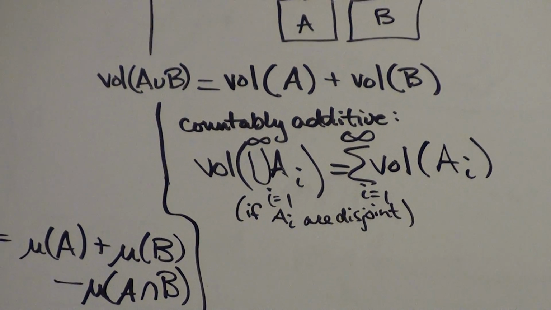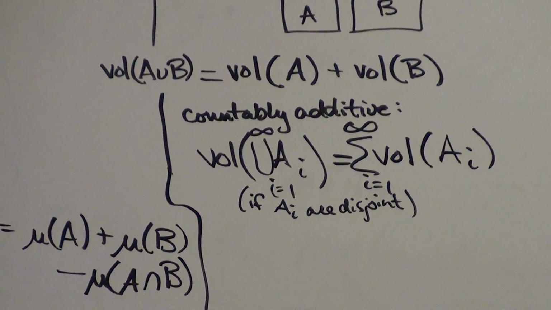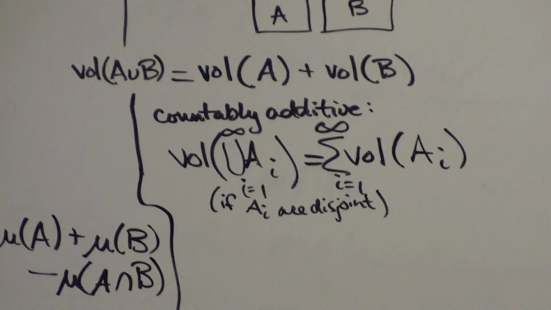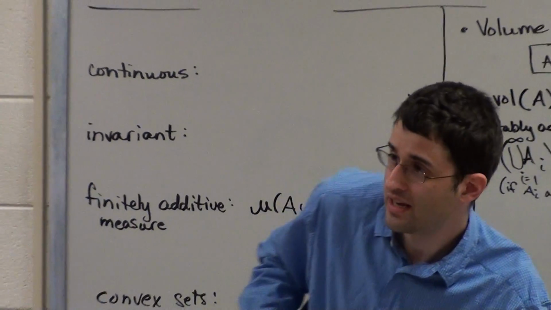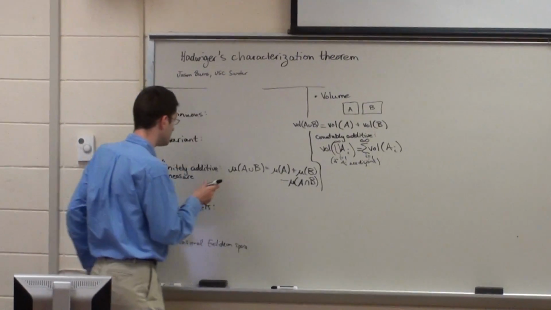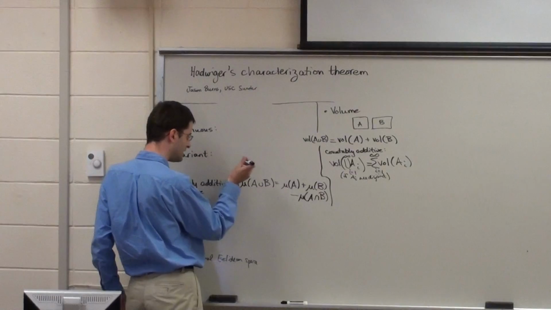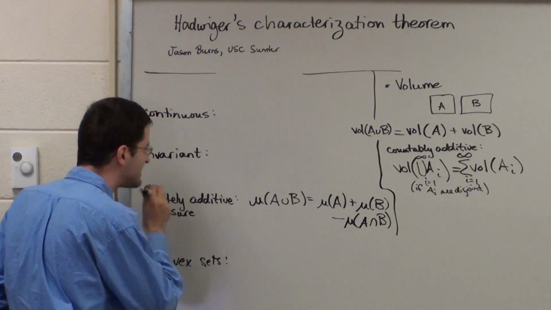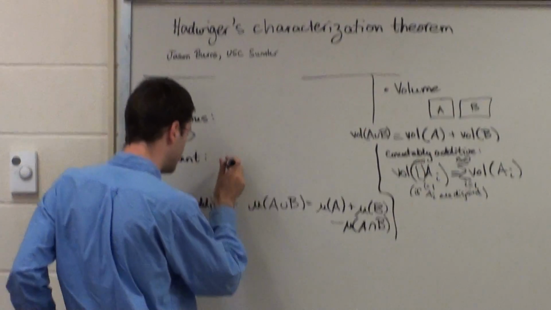All right. So, invariant, that just means if we move the object, we should get the same stuff. If you move an object, you get the same volume. I guess I should use mathematical symbols here.